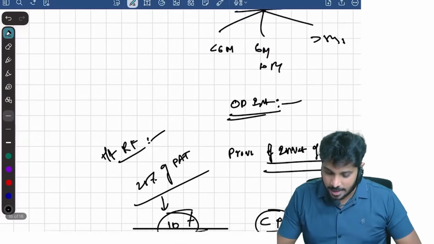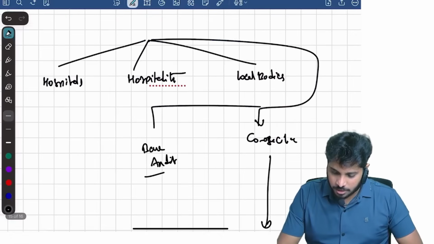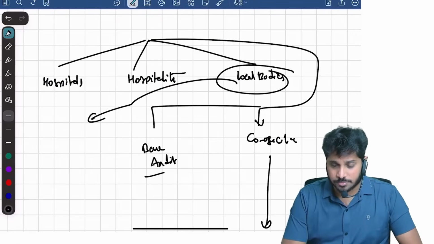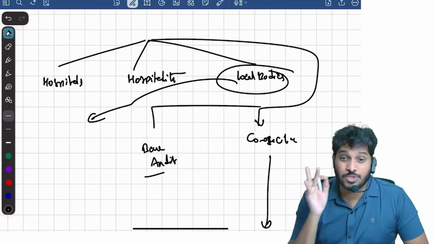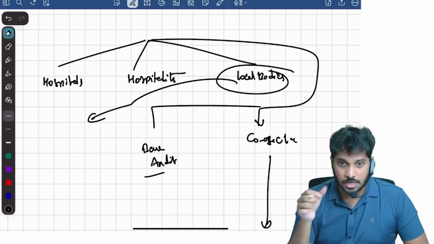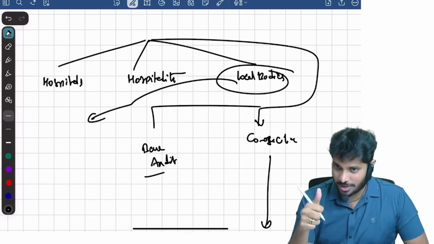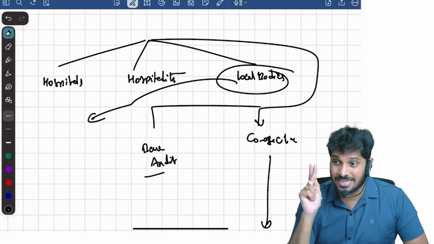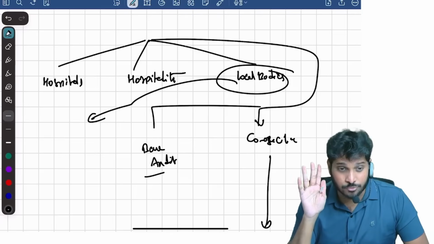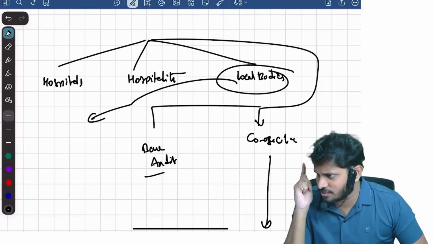Apart from that, we have something called local body, or local authority. What is the objective of local body audit? To ensure financial statements are true and fair, to prevent and detect fraud and error, and to ensure value for money spent is received. There are some four objectives. Just watch the objectives first.